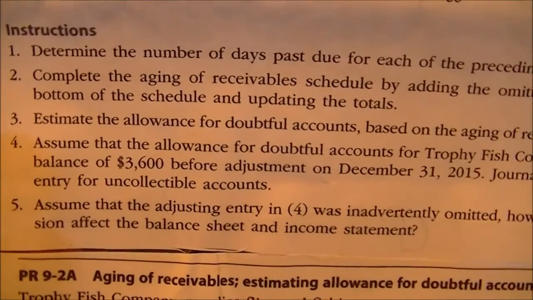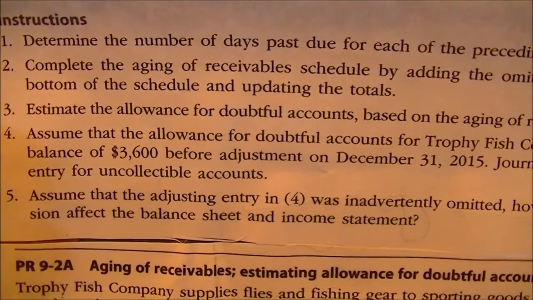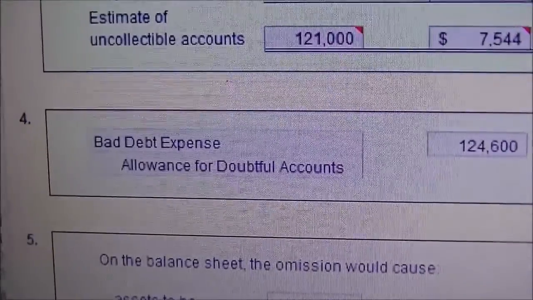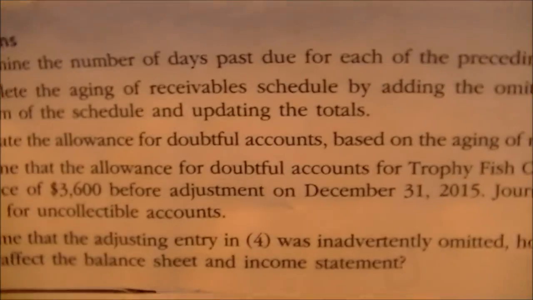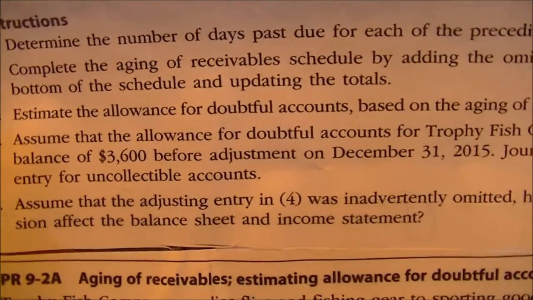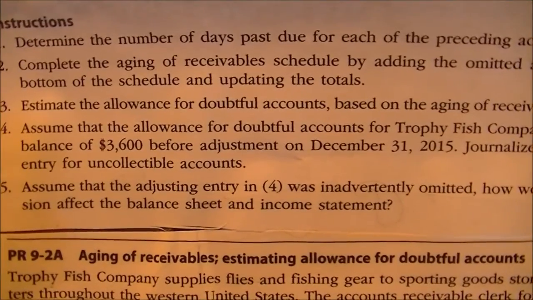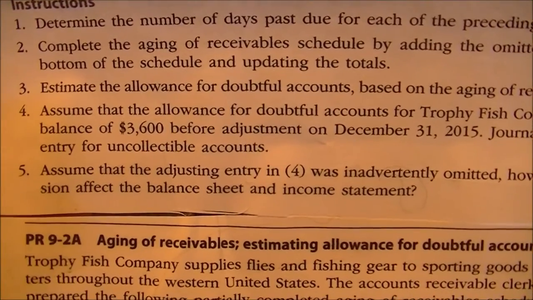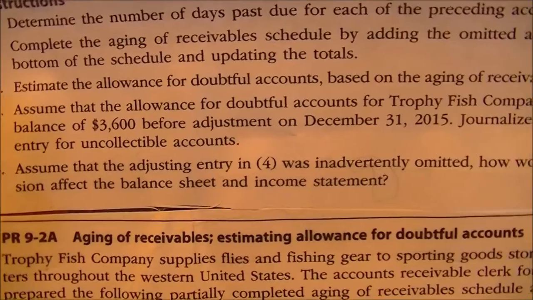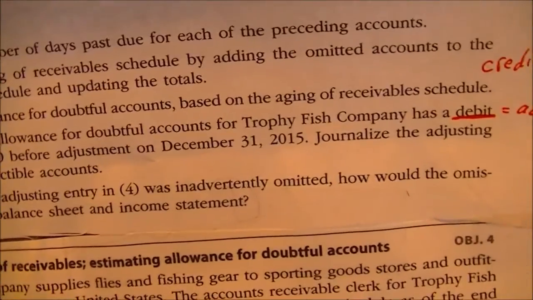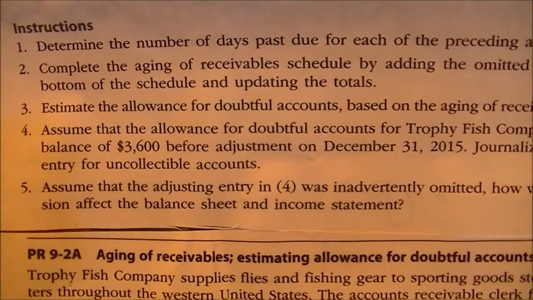So for here, it says number 4, assume that the allowance for doubtful accounts for Trophy Fish Company has a debit balance of $3,600 before adjustments on this date. Journalize the adjusting entry for uncollectible accounts.